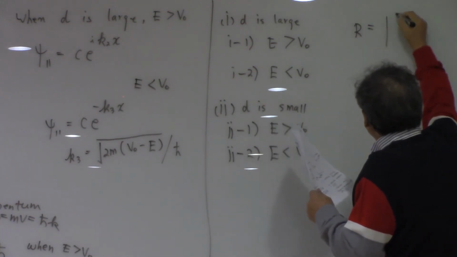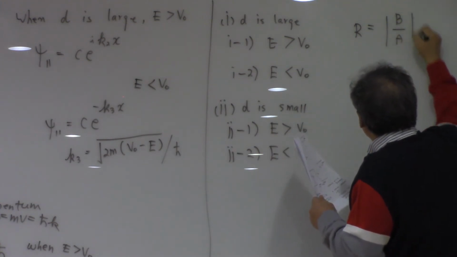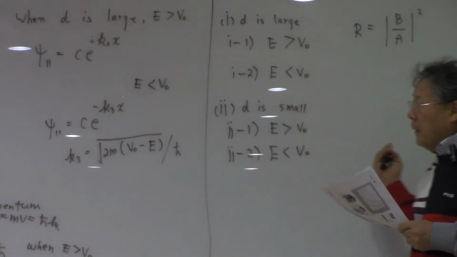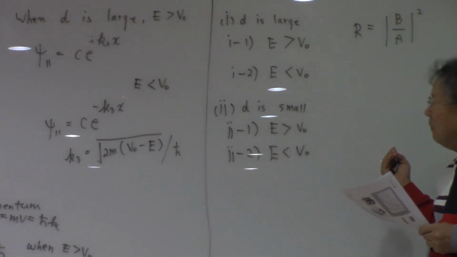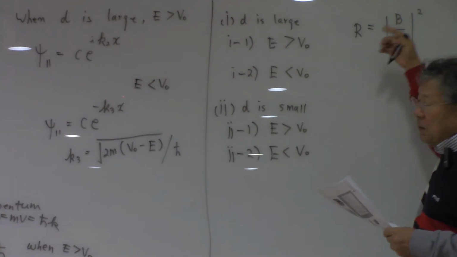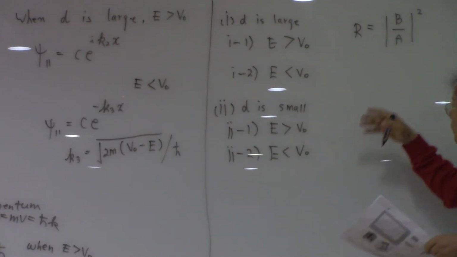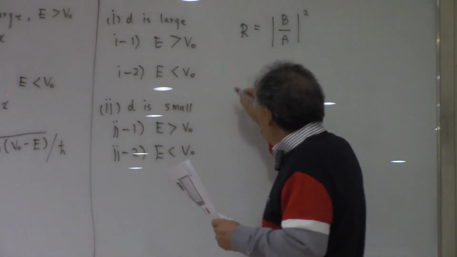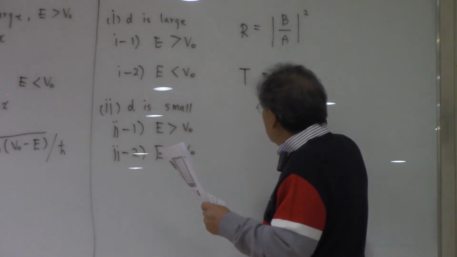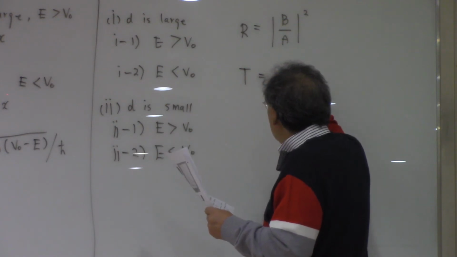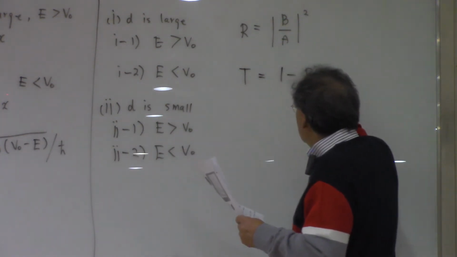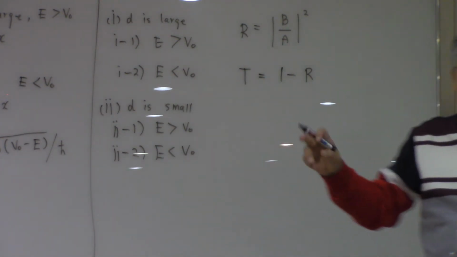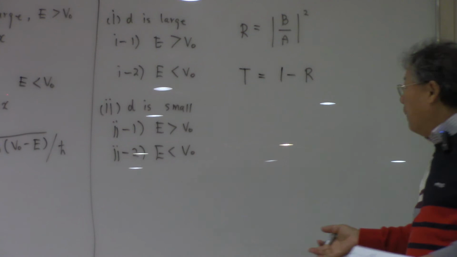The reflection coefficient is defined as the ratio of the amplitudes of the incident beam and the reflected beam. The amplitude ratio of the two waves is called the reflection coefficient. And the transmission coefficient, T, is nothing but 1 minus R. In other words, the reflection coefficient plus the transmission coefficient should be 1 all the time.